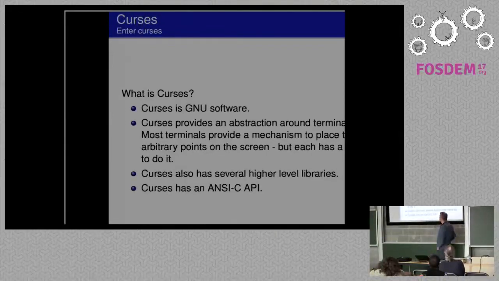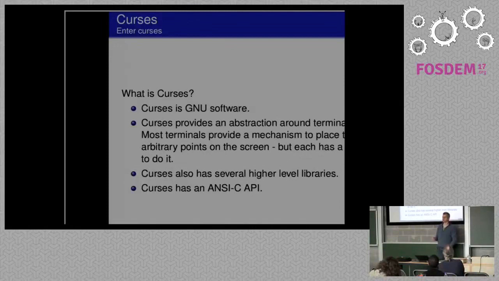And because we can't use a video driver, we decided to use curses. You're probably familiar with curses. It's a GNU package, and it provides an abstraction around the terminal capabilities. Each terminal in the world has a different way of being controlled, and curses abstracts that out.